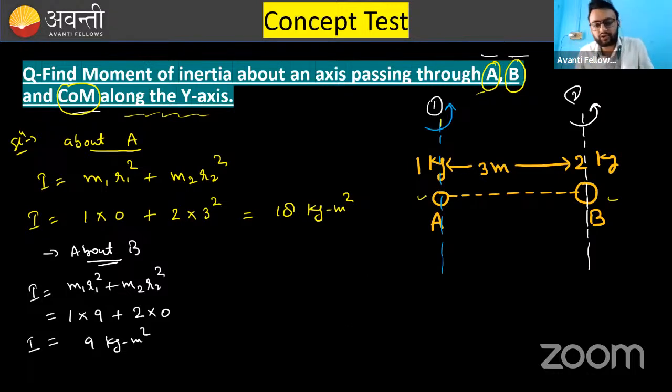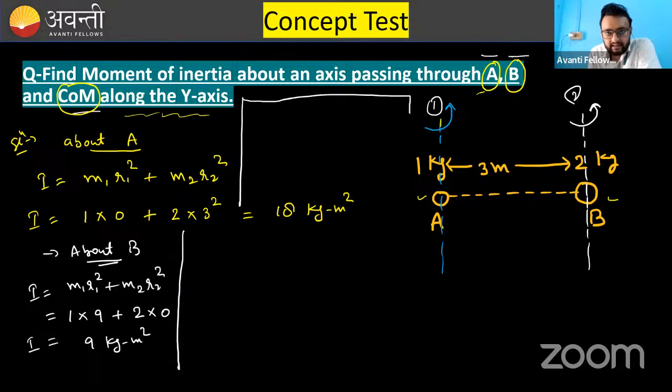Now, the third question is very interesting. It involves the concept of center of mass as well. First of all, what does the question say? It's saying to find the moment of inertia about the center of mass. So first of all, you need to locate the center of mass of the system. And I think everyone knows how to locate the center of mass of the system.